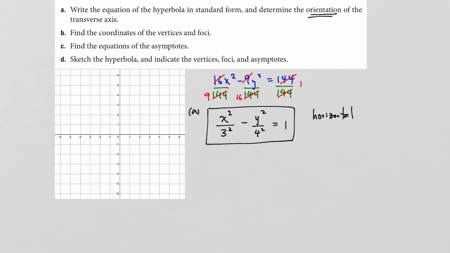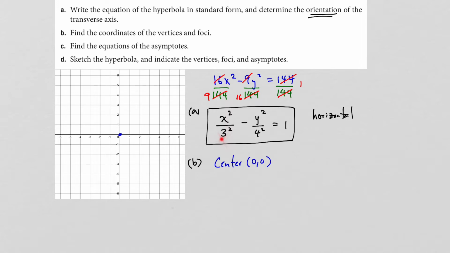Next, it says to find the coordinates of the vertices and the foci. Okay, so here's the part where you need to pay attention. So first, let's just recognize that the center of this hyperbola is at the point 0, 0. Now, what we do from there is we look at the number underneath the x variable, which remember was a 9, but 9 is 3 squared.